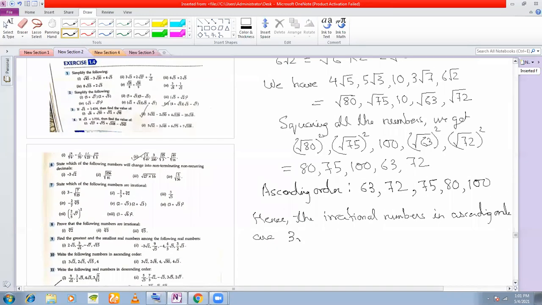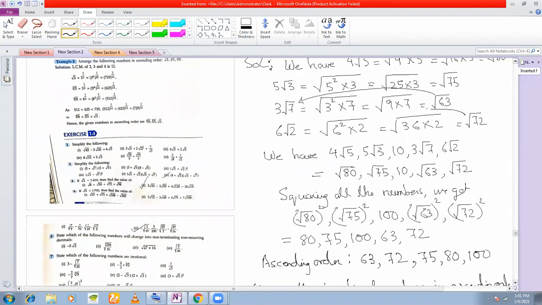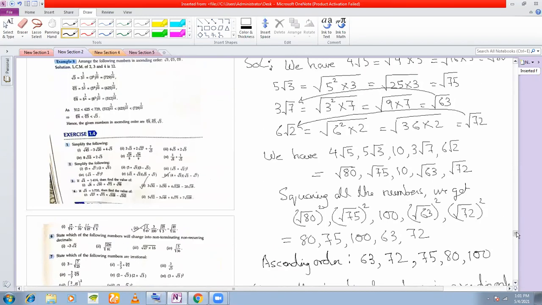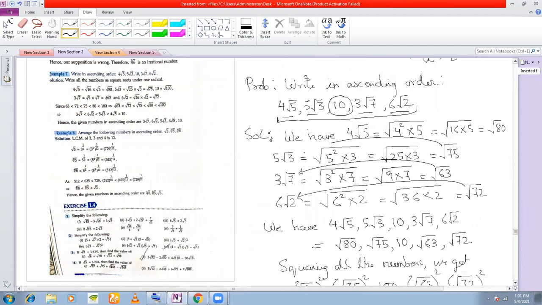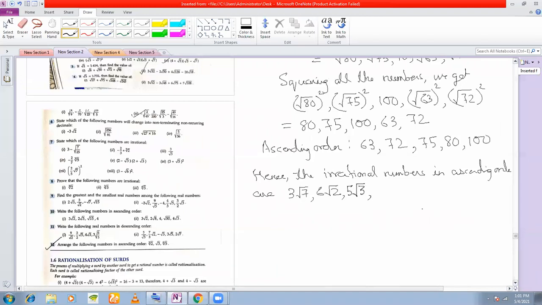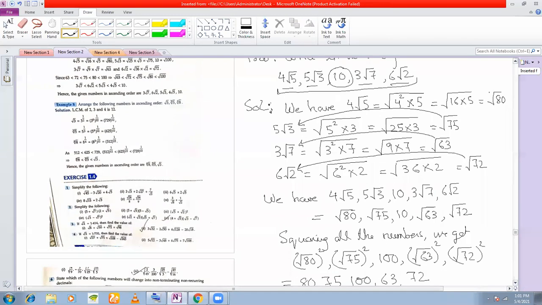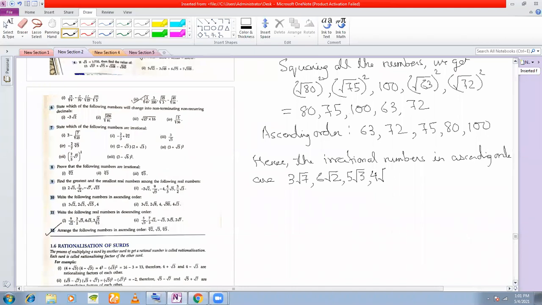So the lowest number here is 3 root 7. 72 points towards 6 root 2. We'll write here 6 root 2. 75 points towards 5 root 3. 80 points towards 4 root 5. And 100 points towards 10. So I have arranged this in ascending order.